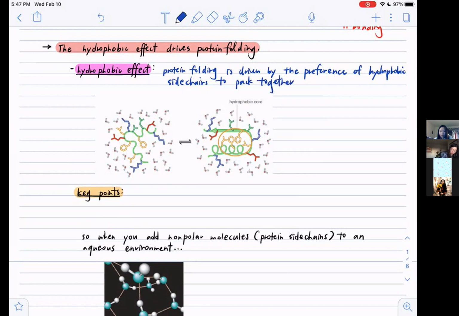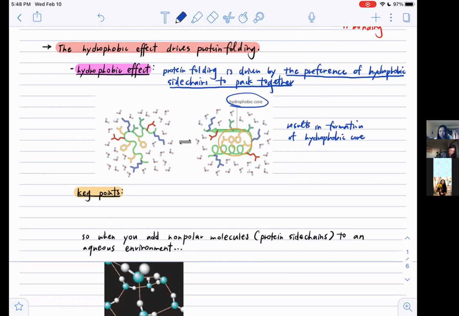And so the hydrophobic effect is this preference of hydrophobic side chains to pack together. And this results in the formation of a hydrophobic core in the protein. Okay.